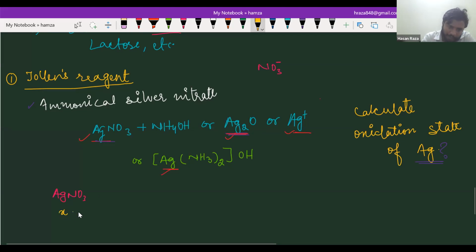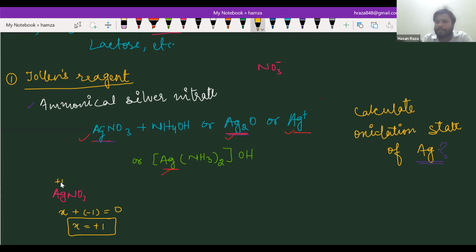So I'm going to take X plus the charge on NO3, which is -1, and it will be equal to 0, because there is no charge on the compound. So X will be equal to +1. Are you getting my point, everyone? So this will have an oxidation state +1.